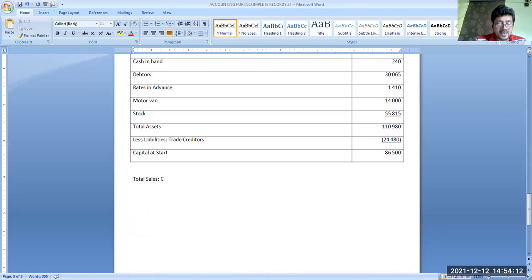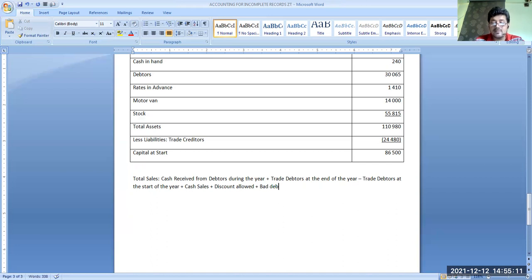Total sales equals cash received from debtors during the year, plus trade debtors or trade receivables at the end of the year, minus trade debtors at the start of the year, plus cash sales, plus discount allowed, plus bad debts, the real expense.